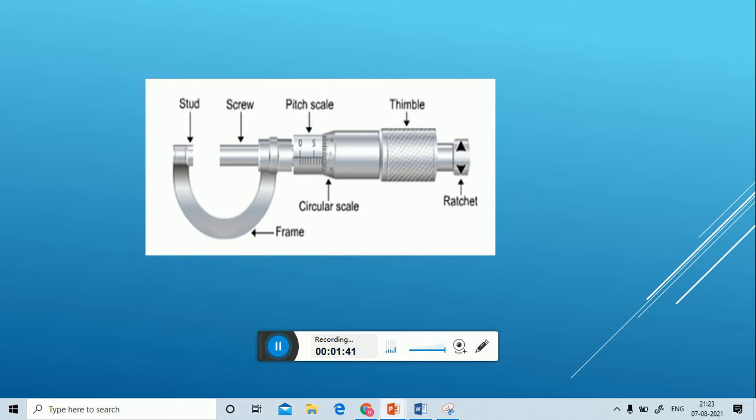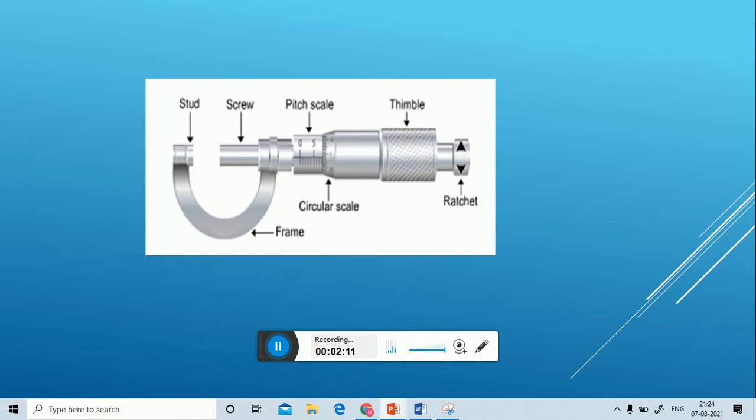Using the screw gauge, we can measure a minimum reading of 0.01 millimeters, that is the least count of the screw gauge. So students, we can easily measure readings of 0.01 millimeters using this screw gauge. So screw gauge gives a more accurate reading when compared with vernier calipers.